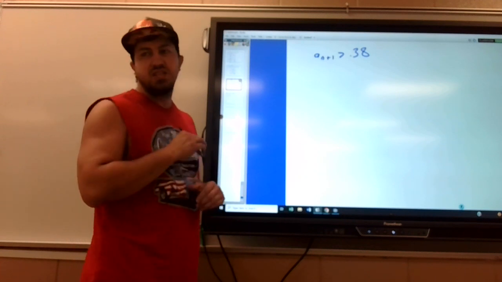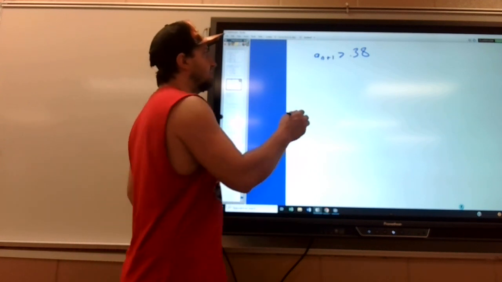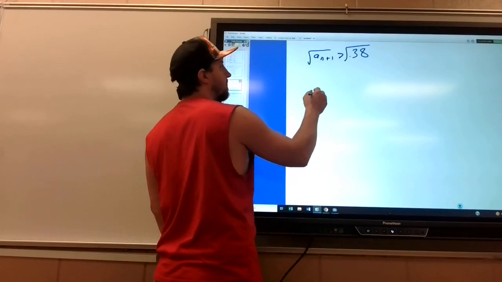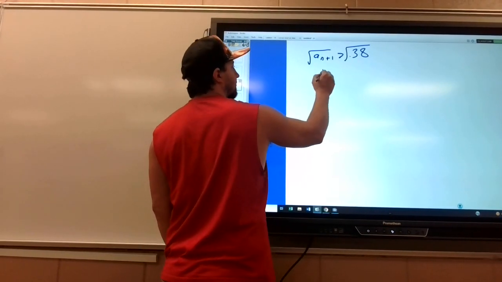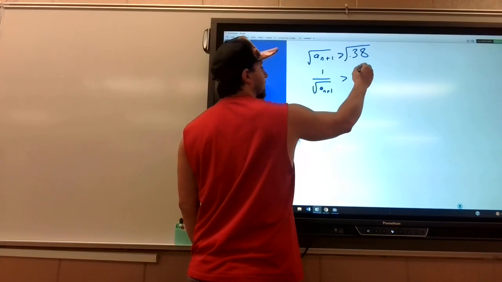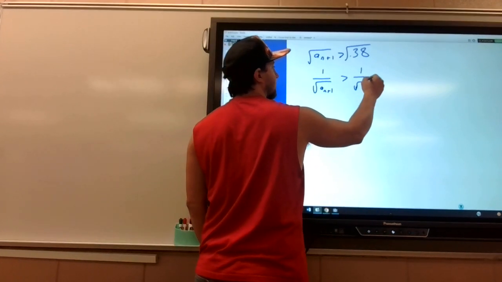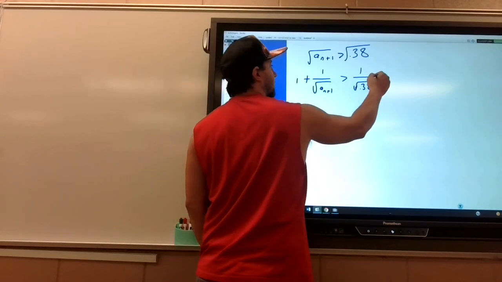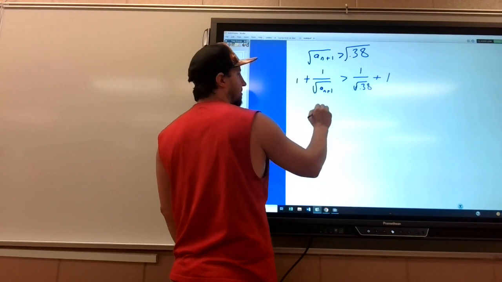And again, I'm going to do the exact same steps I just did for that previous thing. I'm going to square root both of them, and then I'm going to flip it. So 1 over square root a sub n plus 1 is greater than 1 over the square root 0.38. Add 1 to both sides, and then I'm going to flip it again.